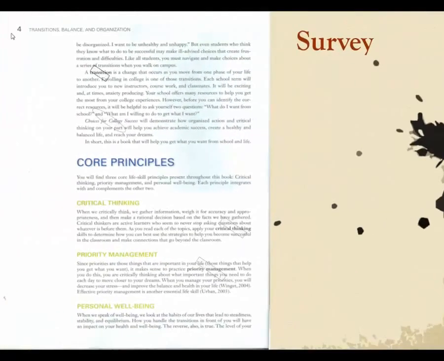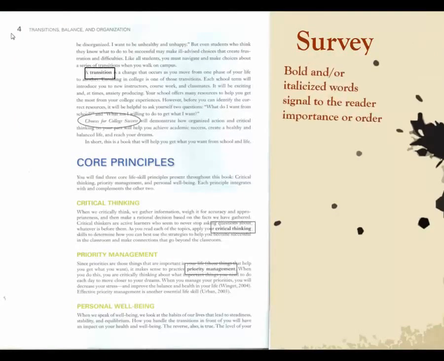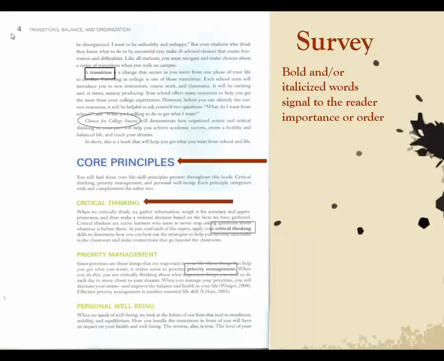Now pick any one chapter from the textbook. Look for any typography, such as bold or italicized words. Bold and or italicized words signal to the reader importance or order. Check to see how the book distinguishes headings and subheadings.